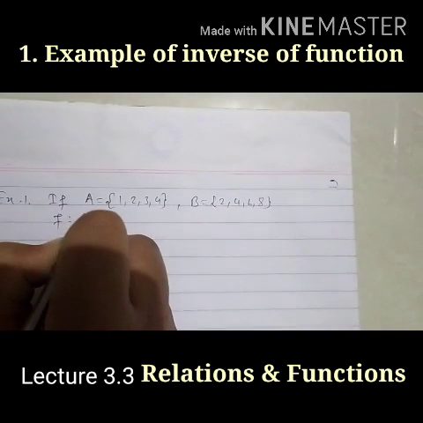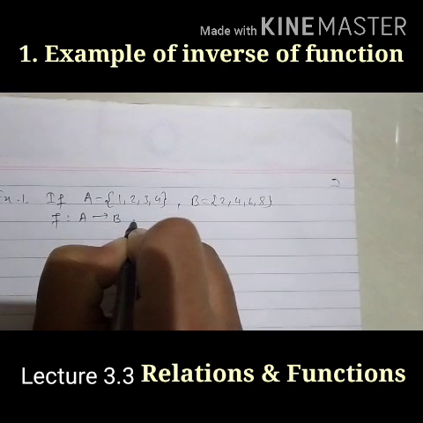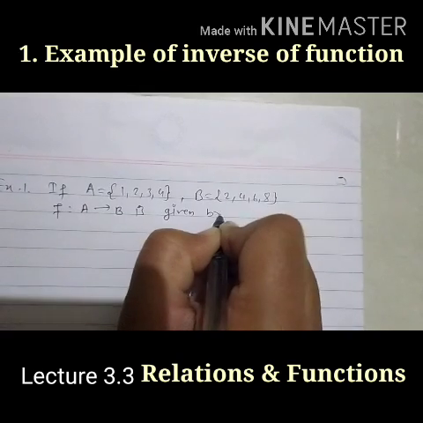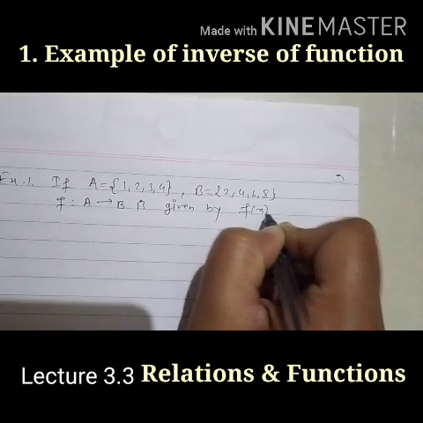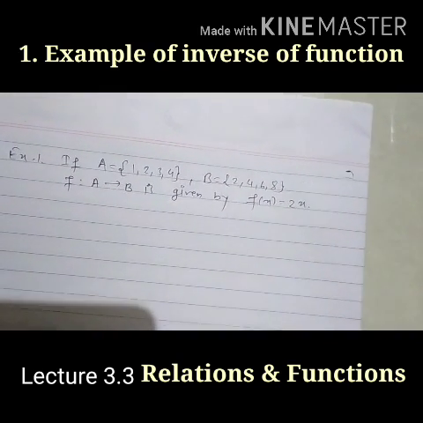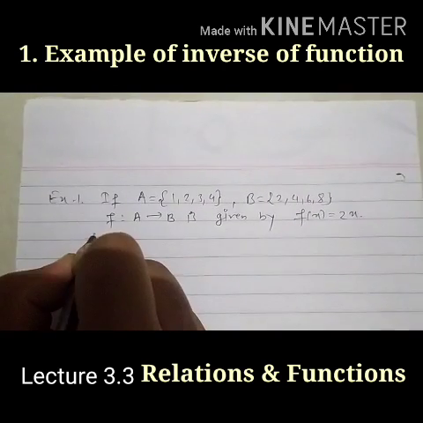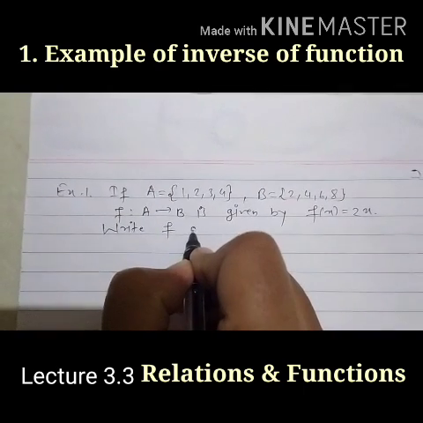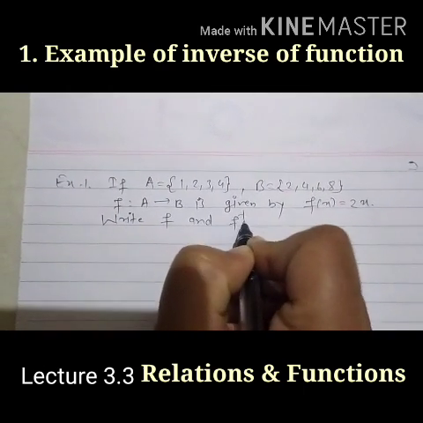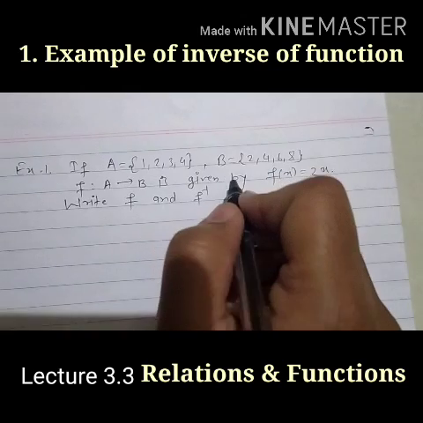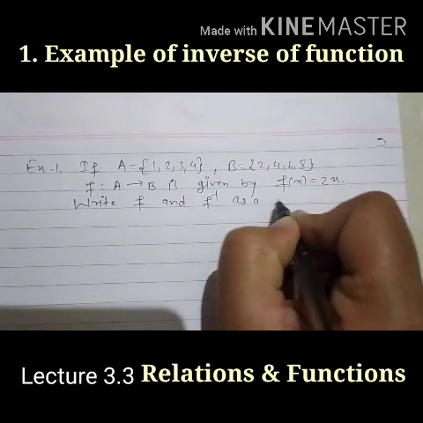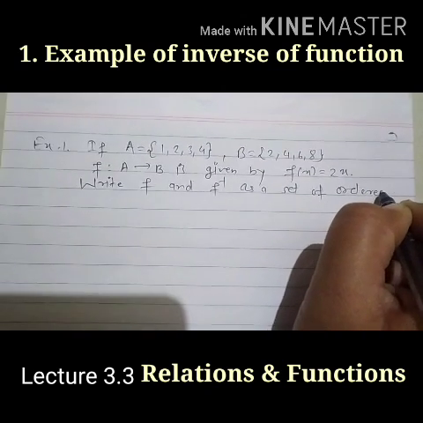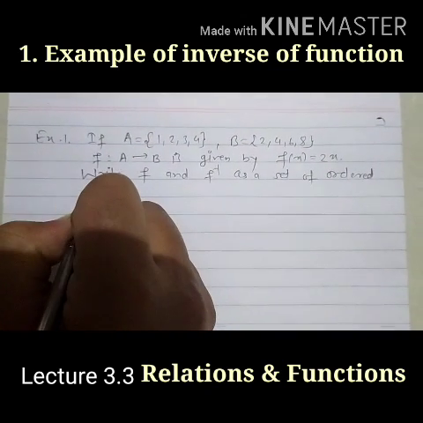F from A to B is given by f of x equals 2x. Write f and f inverse as a set of ordered pairs.